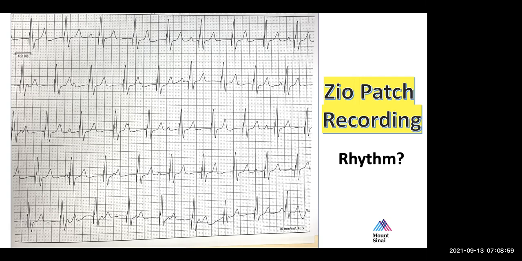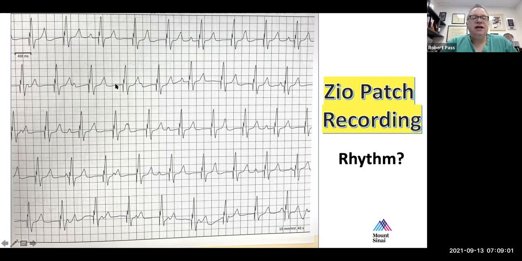Okay. And when there are more V's than A's, what do you think that could be? So the possibilities are, first of all, we can't tell for sure, but I will tell you, this is paced rhythm.